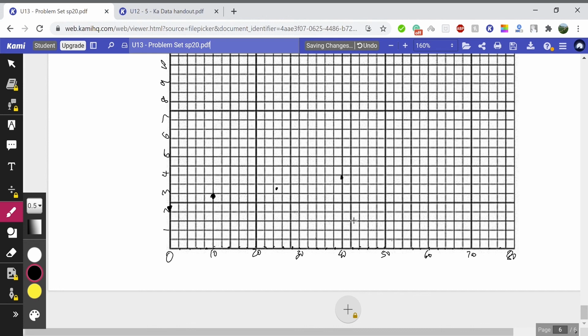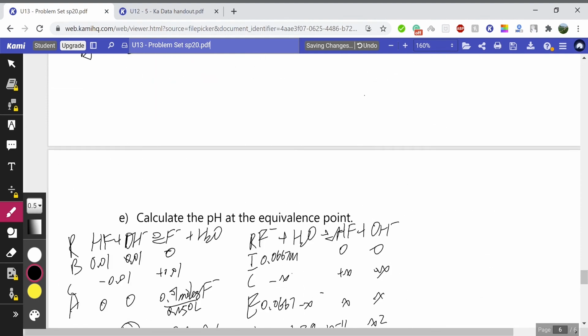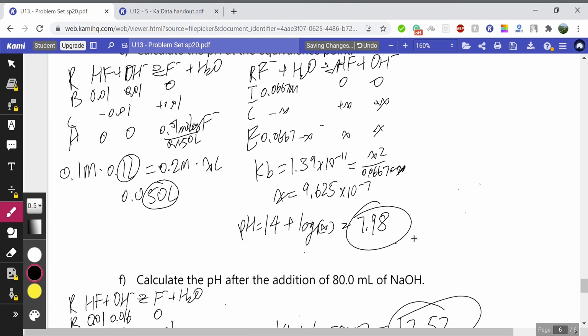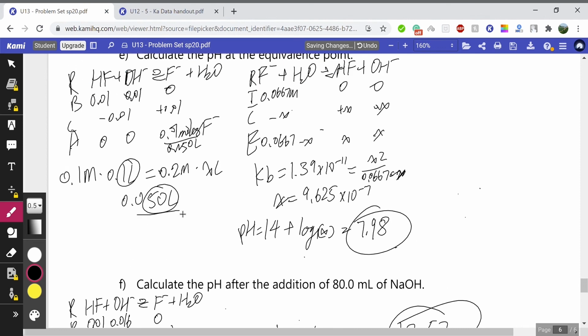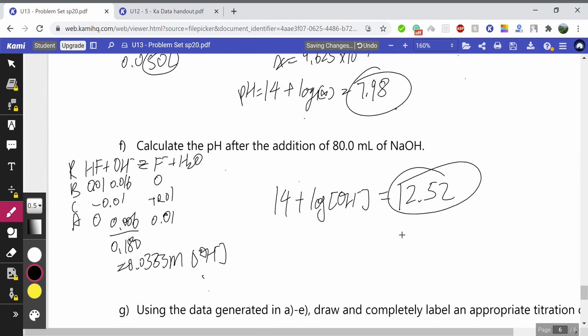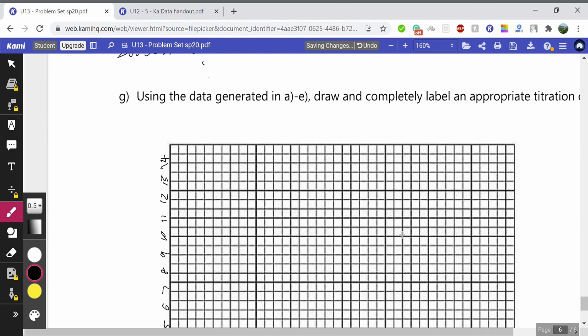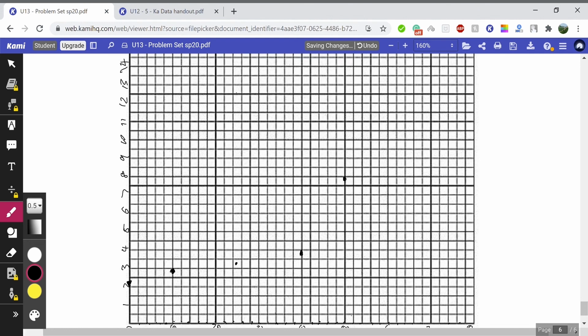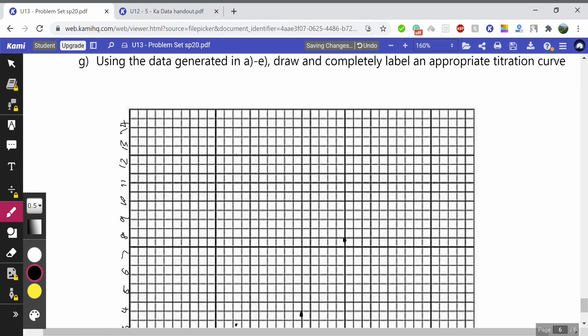Now that we finished 40, the equivalence point, which is 50 milliliters, is 7.98, and finally at 80 it is 12.52. So 7.98 at equivalence, and 12.52 at 80. 12.52 is going to be this line.